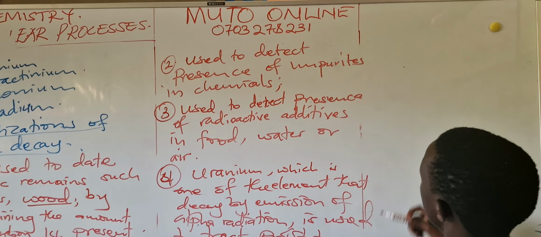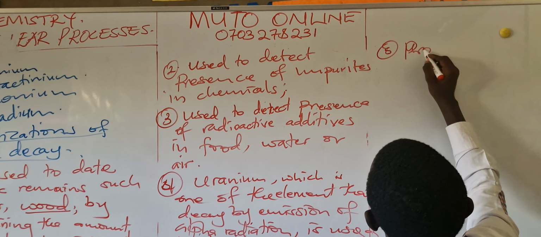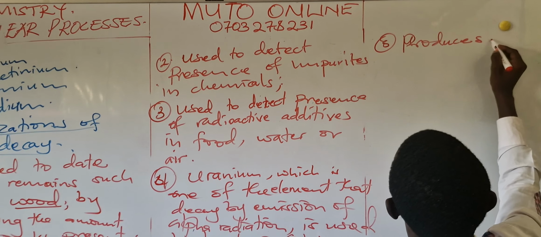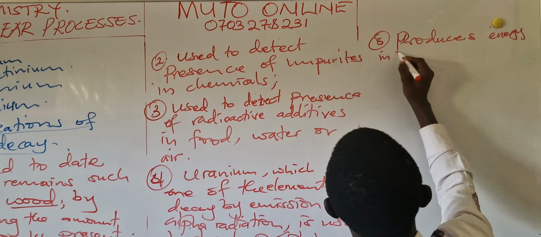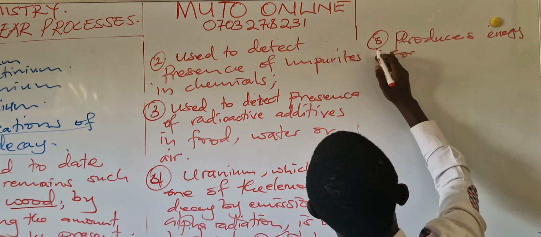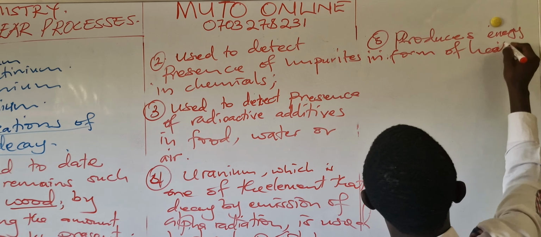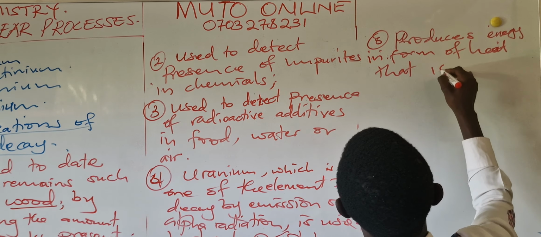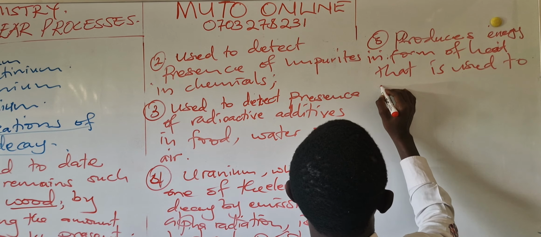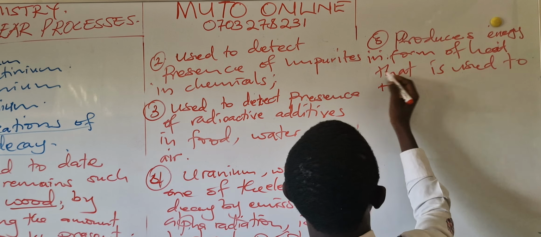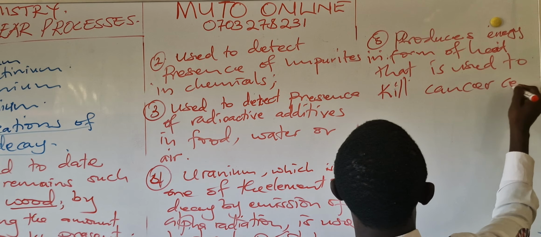So alpha decay produces energy in form of heat that is used to kill cancer cells.